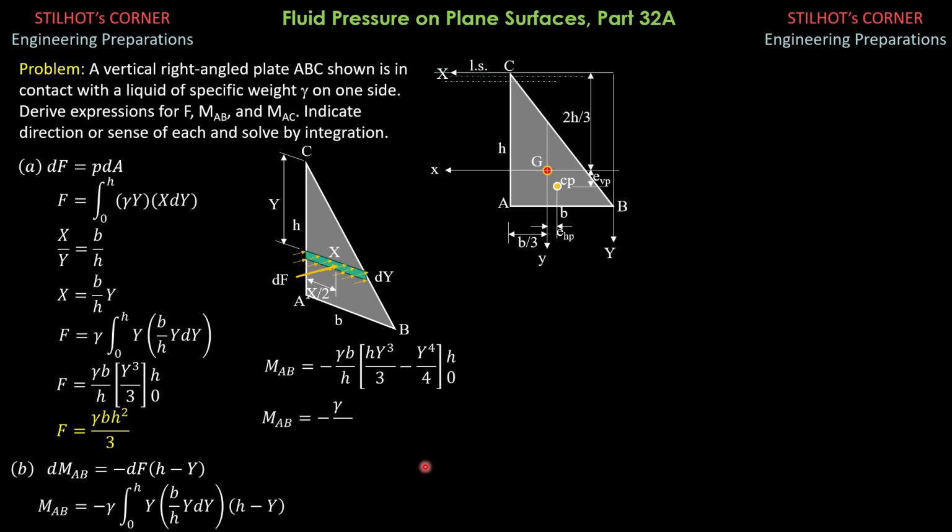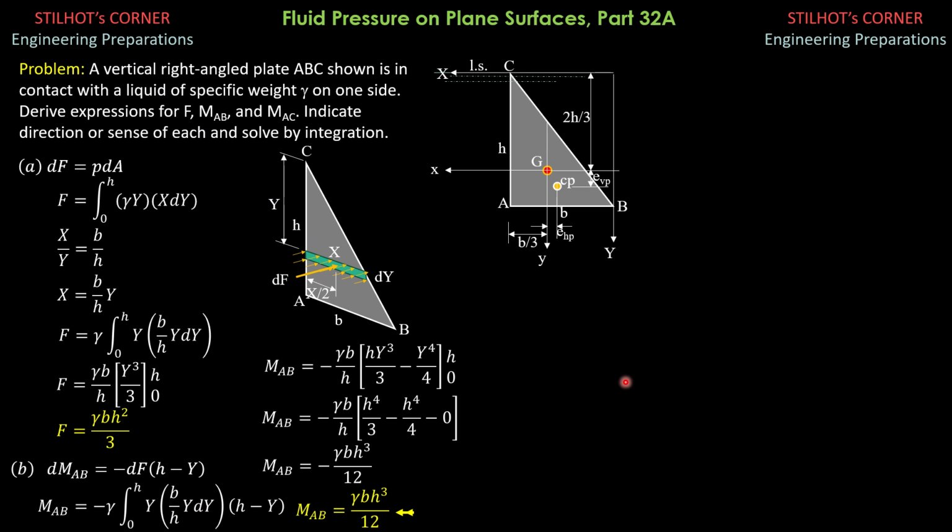Substituting, that would be gamma b over h, quantity h to the fourth over 3 minus h to the fourth over 4, lower limit would just be 0. So simplifying, moment AB is equal to gamma BH cube over 12, and it is in the positive direction. This is the curling, this is the direction of our right thumb.